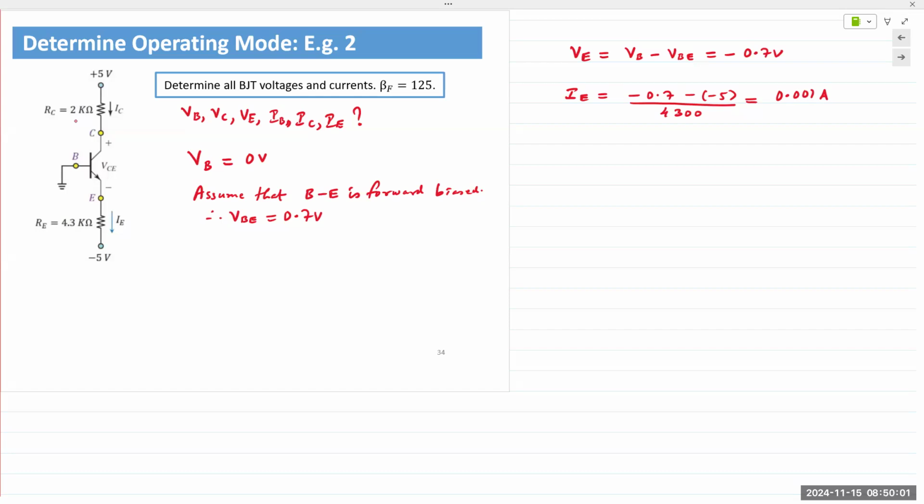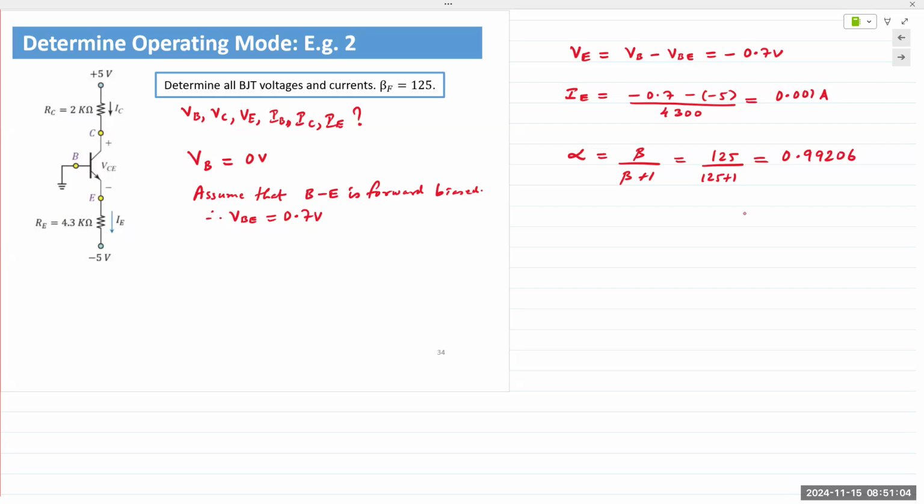And now that we have IE, we can calculate the other two currents also. Beta is given to us. From beta, we can find alpha. From alpha, we can find IC. And from IC, we can find IB. So alpha is beta over beta plus 1. So it'd be 125 divided by 125 plus 1, which is 125 over 126, 0.99 something. 0.99206.